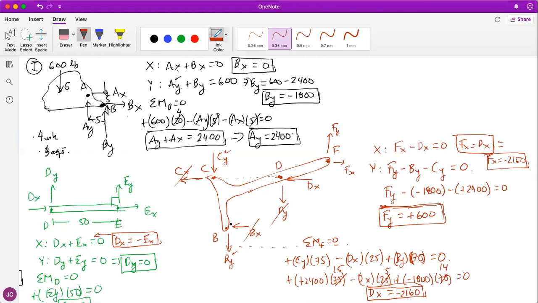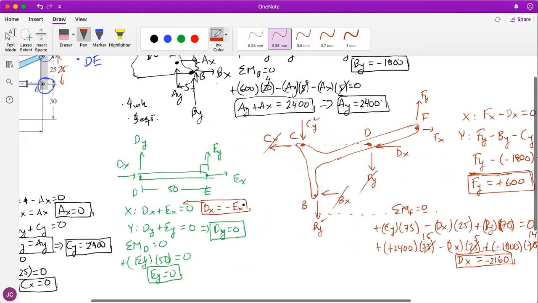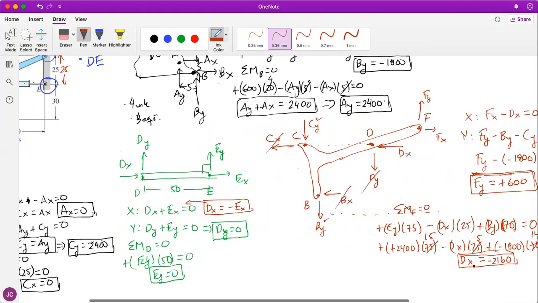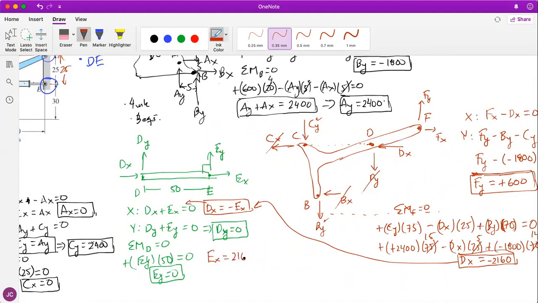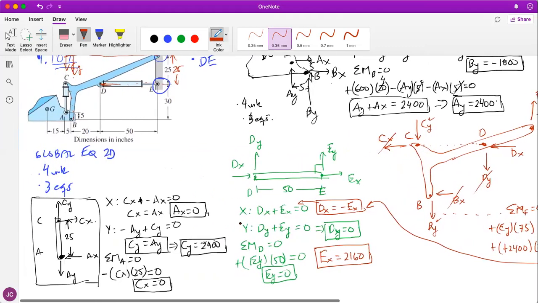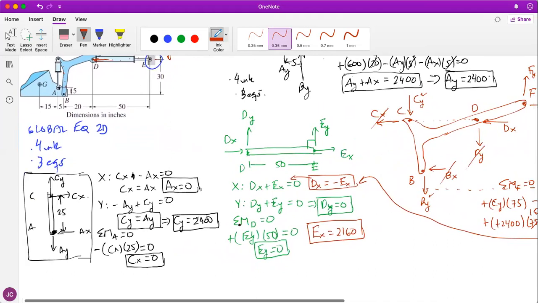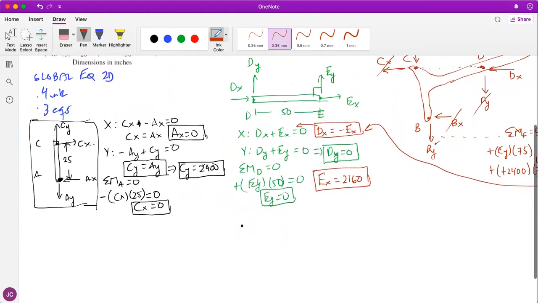This is the only thing I'm missing in my analysis to solve the whole problem. So if I already got that, that means Ex should equal 2160. Okay, so I have solved the problem.